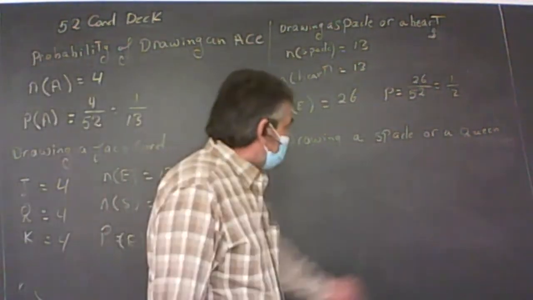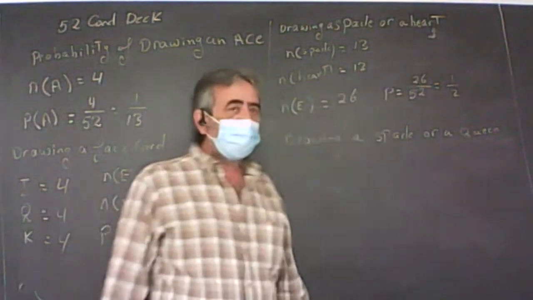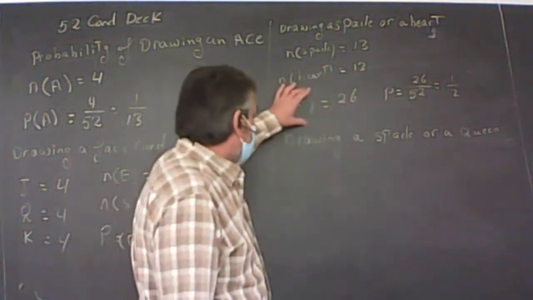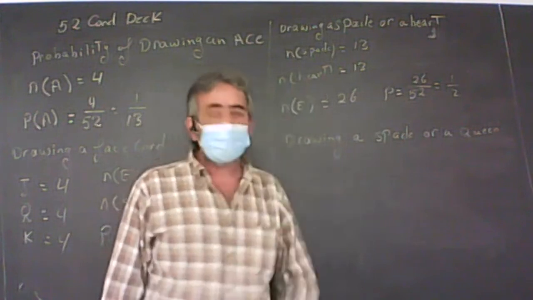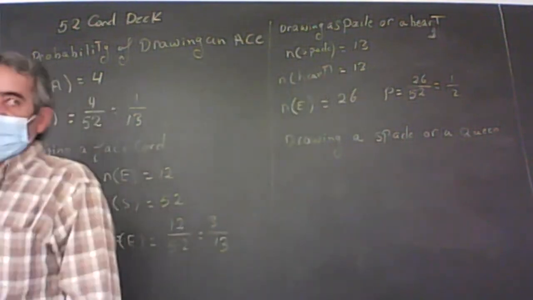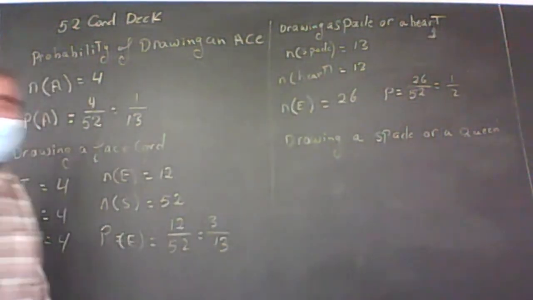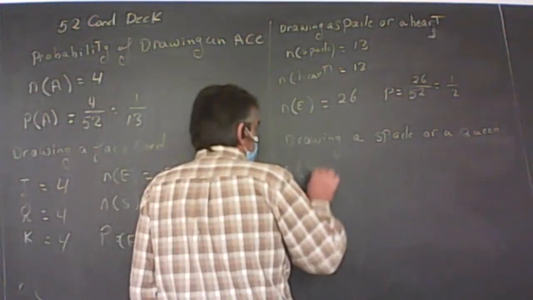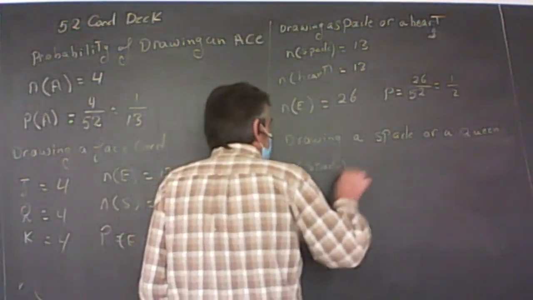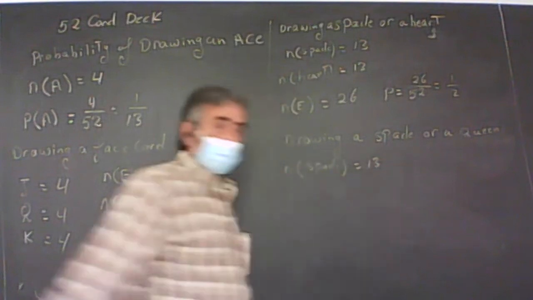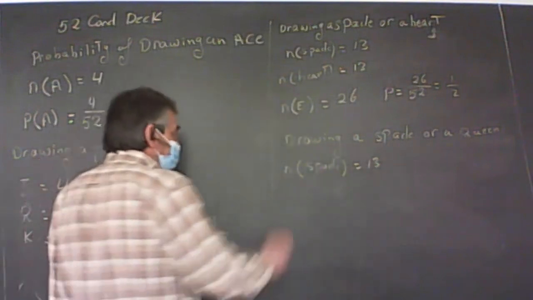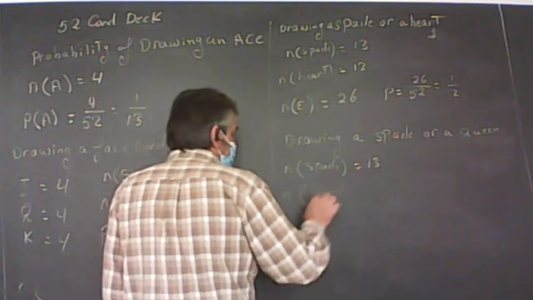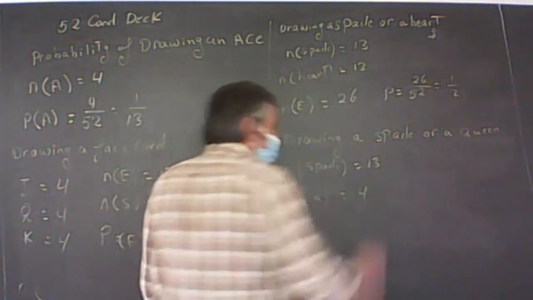Well, again, we're going to decide what each one has. We need to know how many cards are in the event. So how many cards in a spade do we have? For the spade, we have 13, yes? How many queens do I have? 4.